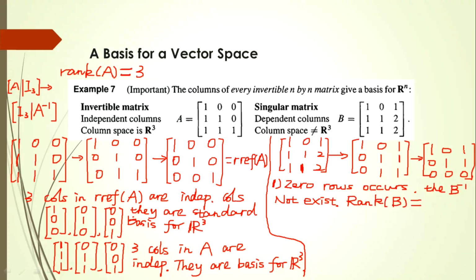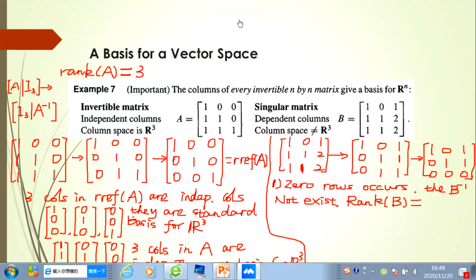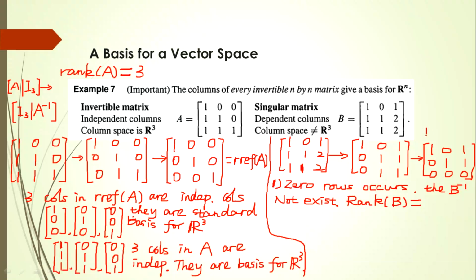And by the way, is this one the RRE form for the matrix B? This one is the RRE form for matrix B, right? And there are two independent columns. The first two columns are independent.